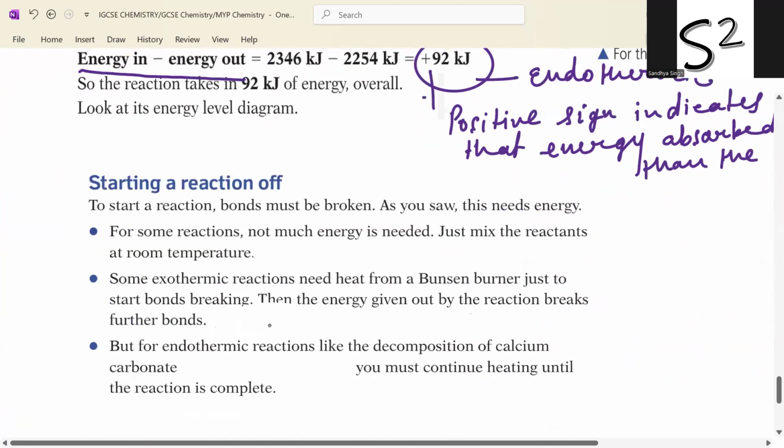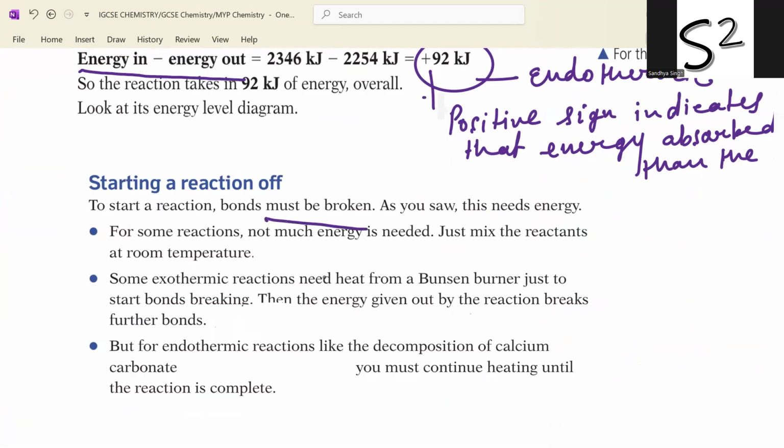To start a reaction, bonds must be broken. We have understood that this needs energy. For some reactions, not much energy is needed. Just mix the reactants at room temperature. Some exothermic reactions need heat from a Bunsen burner just to start bonds breaking. Then the energy given out by the reaction breaks further bonds.